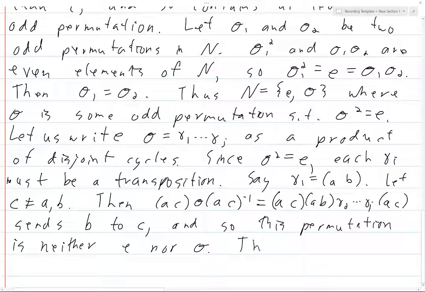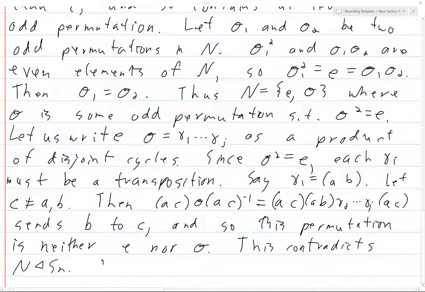And this contradicts. What does this contradict? We're conjugating here. We're taking an element of N and we're conjugating it by just some element of Sn. So this contradicts N normal in Sn.